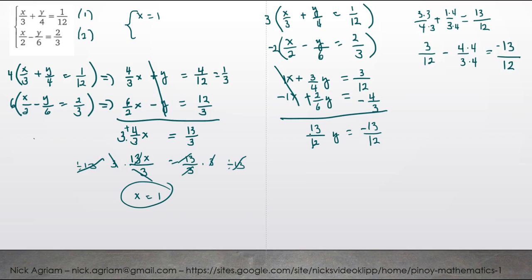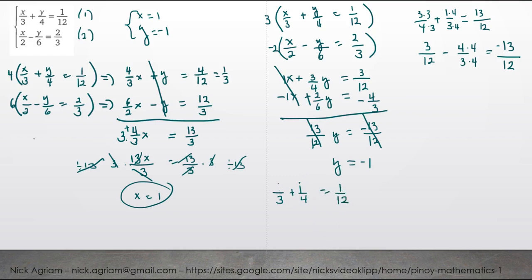As you can see now, this is equal to 1, so we have negative 1. So our y is equal to negative 1. You can check. So if x, we can use 1 to check our answer, or we can use 2, both. So we have 1/3 plus 1/4 is equal to 1/12.